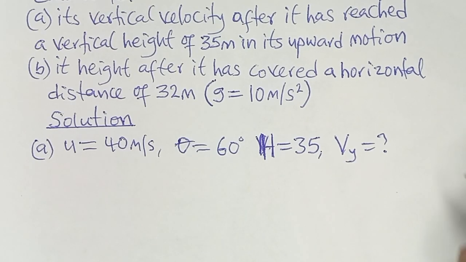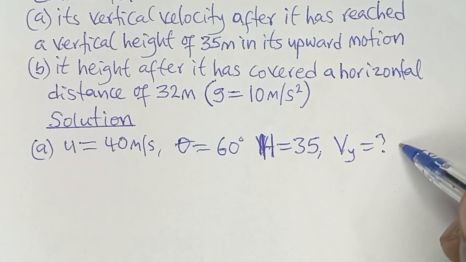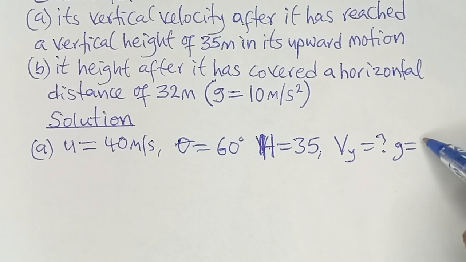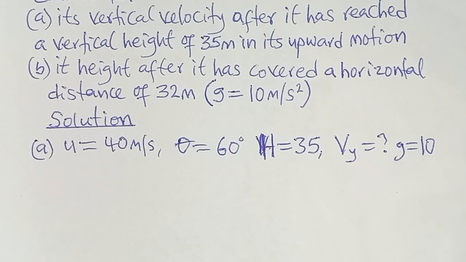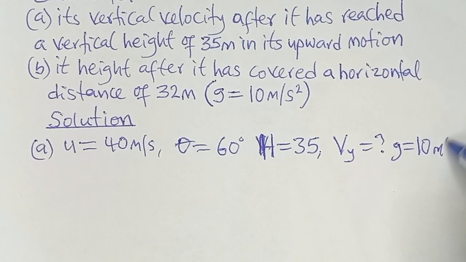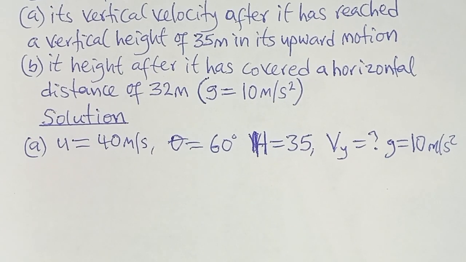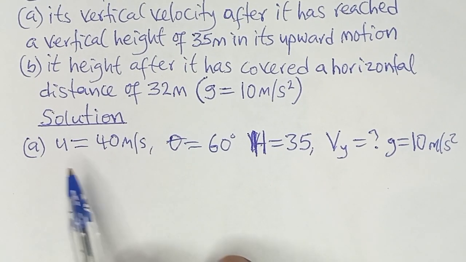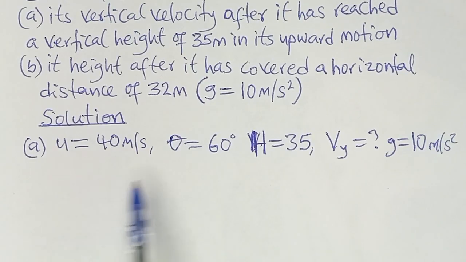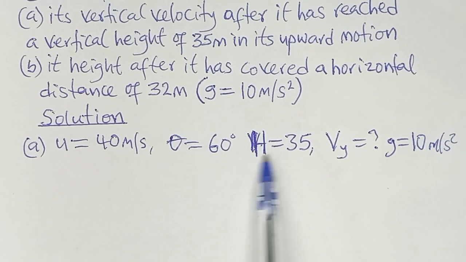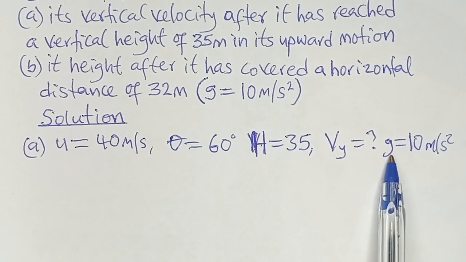And don't forget acceleration due to gravity, G, is equal to 10 meters per second square. So we have to get a formula that has U, H, V, and G.